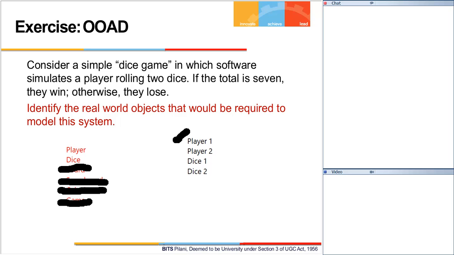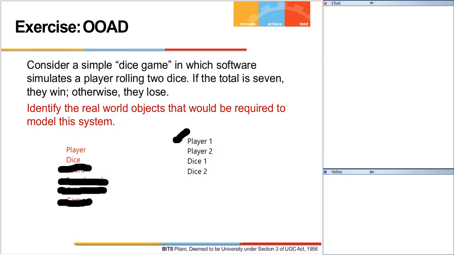Whether we make 2 instances of the player domain concept, or we make n instances of it, that is at the implementation level. So you are correct in identifying that there is a player domain concept and a dice domain concept, but how many instances of each there would be is not the point of concern during the analysis model. I hope I made myself clear and I could find most of you getting the correct answer.